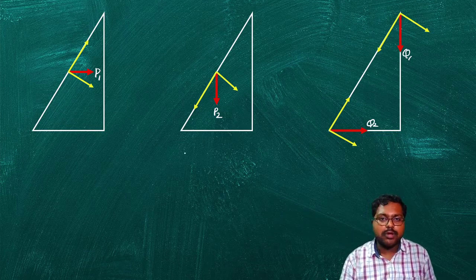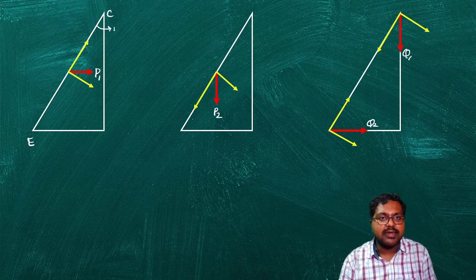Now I am going to resolve these forces into normal and tangential components to the section EC. This section EC is making an angle theta with section BC, so from here I will get an angle theta.